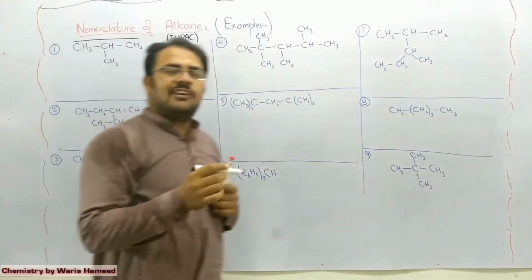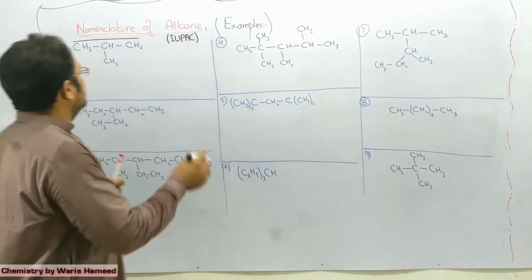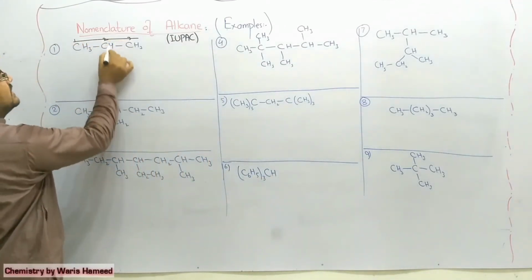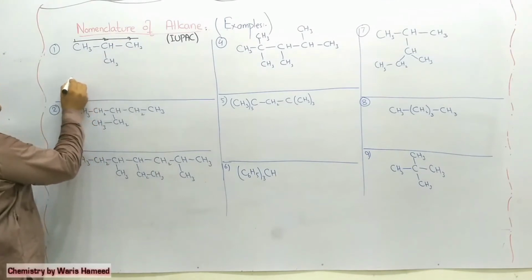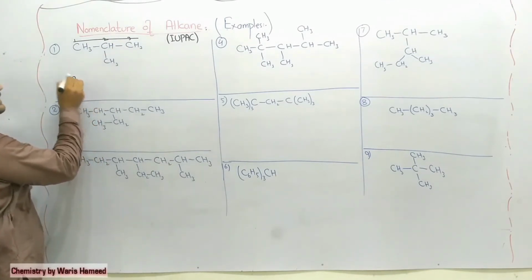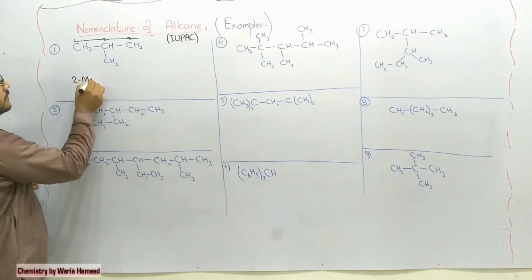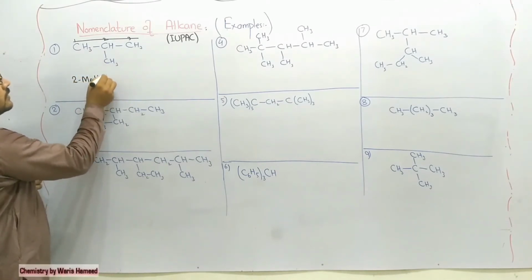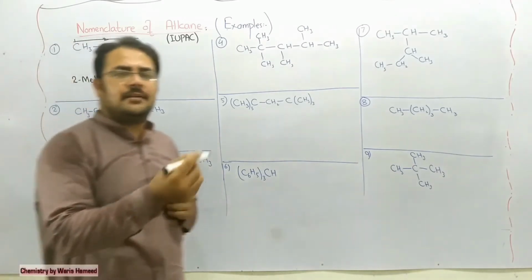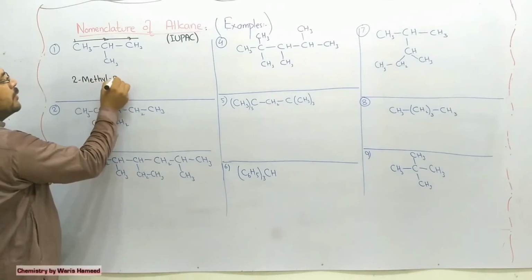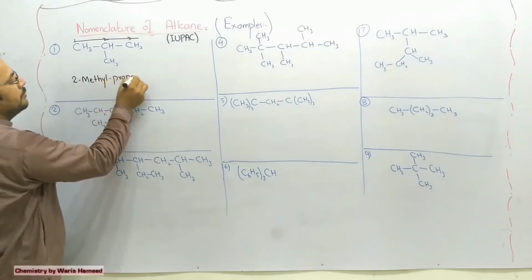And from both sides, we are looking that the second carbon has a substituent, so we can give number from this side. It is present on the second carbon, so mention the position of that carbon, it's second. And what is this? It's methyl. How many carbons are there in the parent chain? There are 3 carbons, so it's methyl propane.